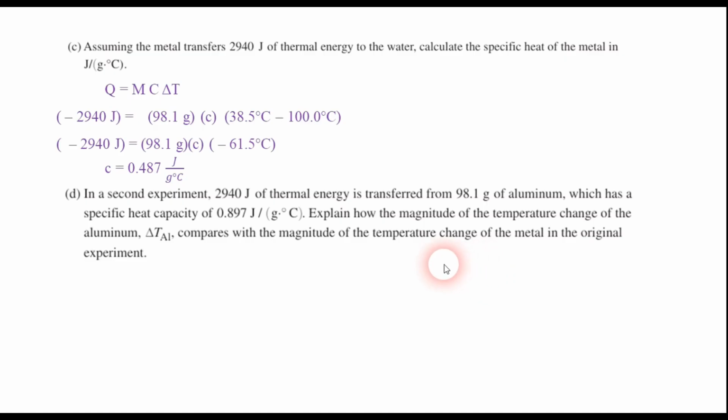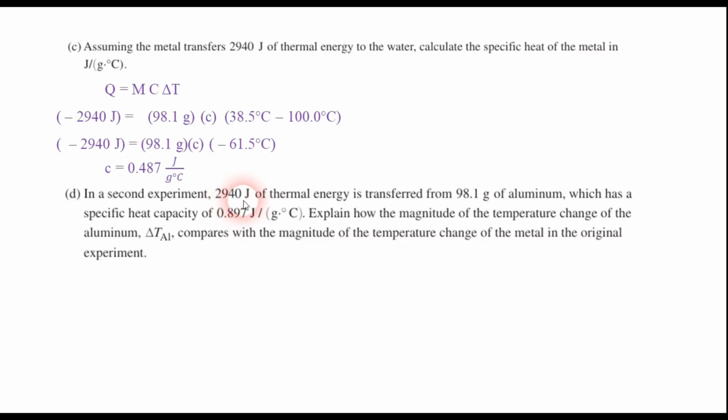Well, one thing I notice is that everything is identical except for the specific heat capacity. So we have the same number of joules being transferred, the mass is the same, and of course our specific heats are different. And so the question is, how is the temperature change going to be different with the aluminum as opposed to this other cube of metal we had in part C?